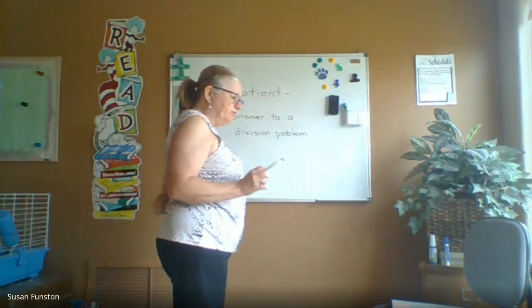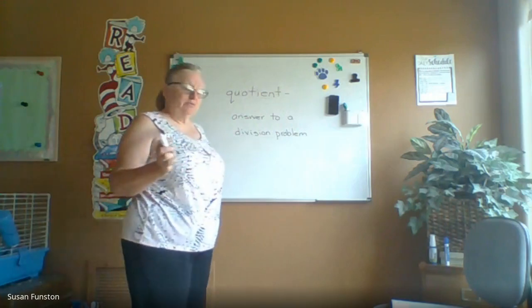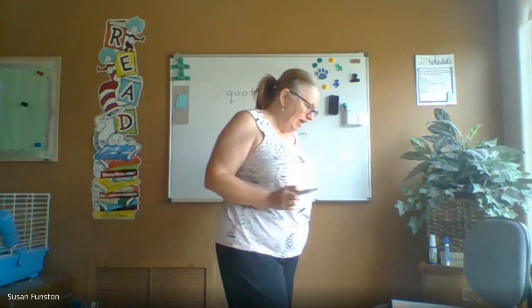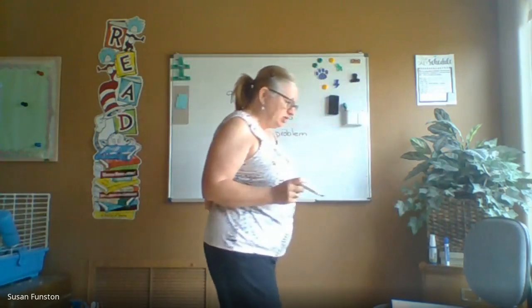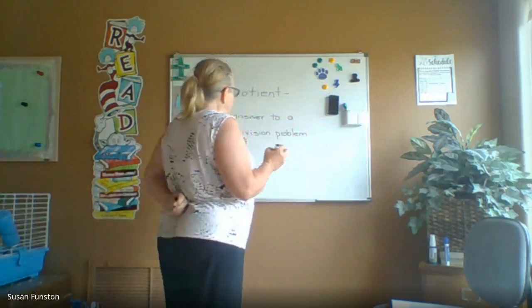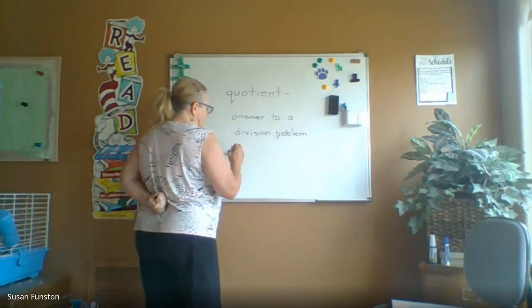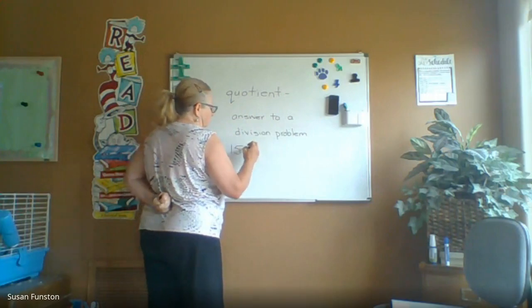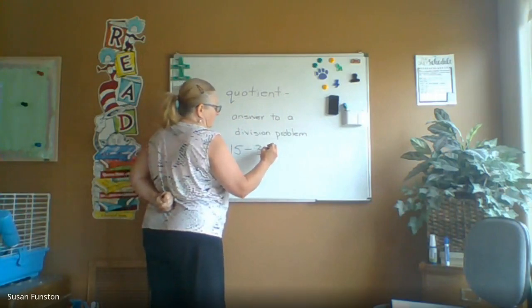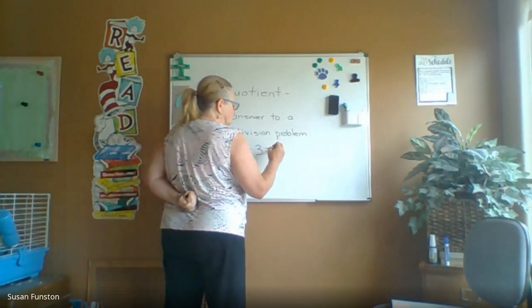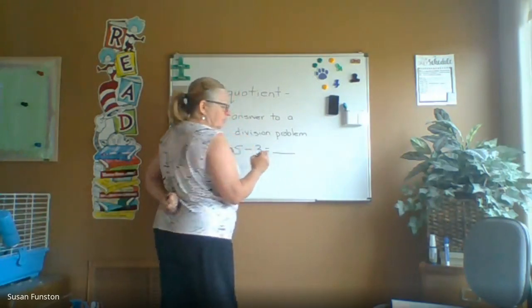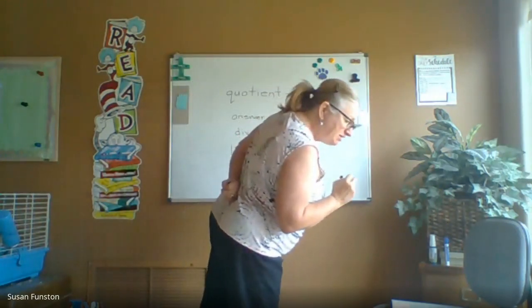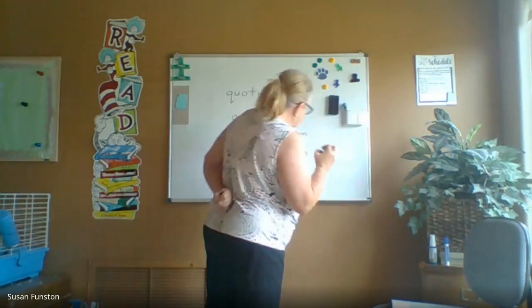Okay, so I'm going to draw an array. I want you on your whiteboards to draw an array that shows the equation 15 divided by 3. And I want the quotient, so the answer, to represent the size of the group.